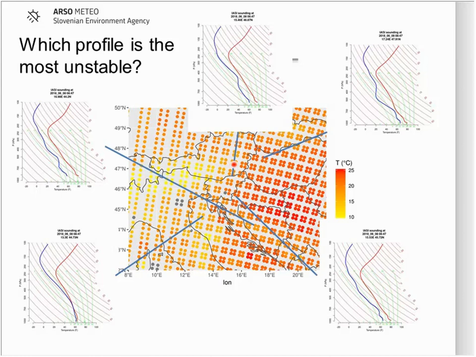This here is not Cape or anything else; it's just the temperature, and I want to invite you all to vote for the profile where you think the environment is the most unstable. Just take your time and mark the one.